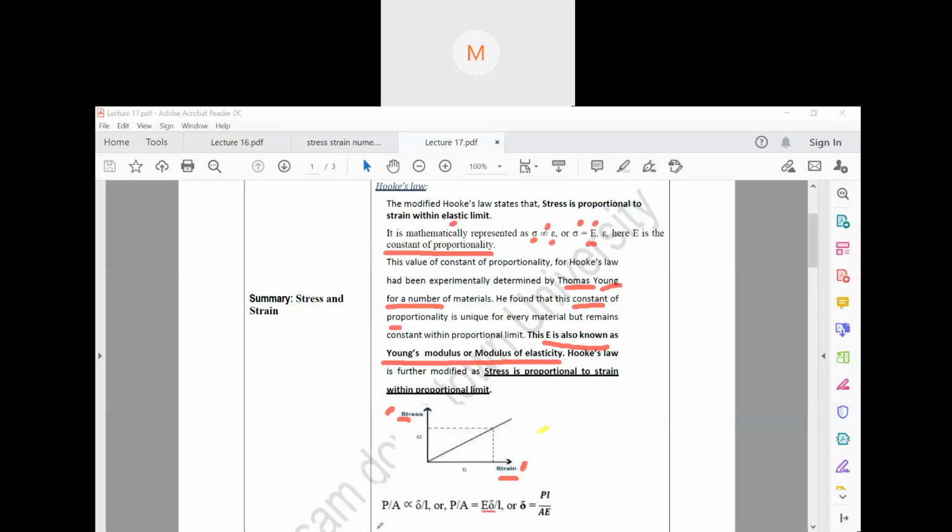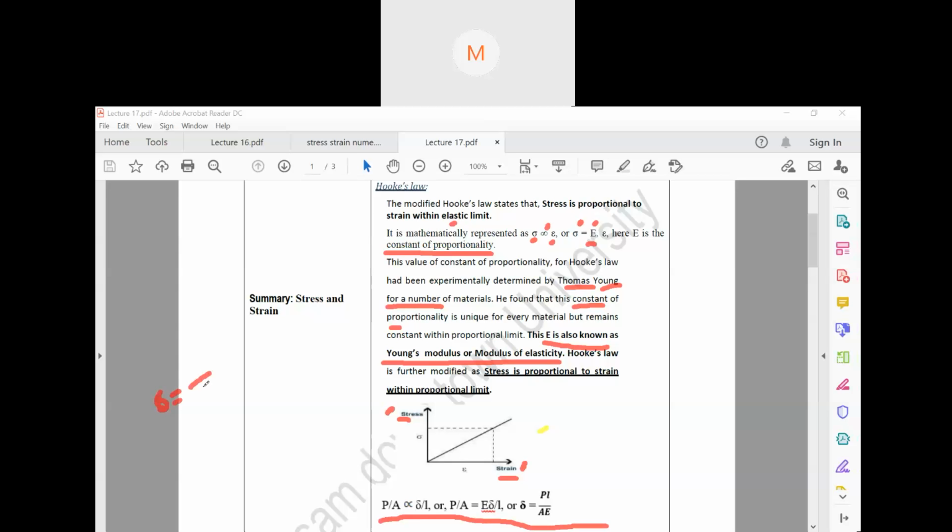Now let us try to understand this. Okay, we all know stress is denoted by sigma, right? Stress is equal to what? Can anyone tell me what is stress?